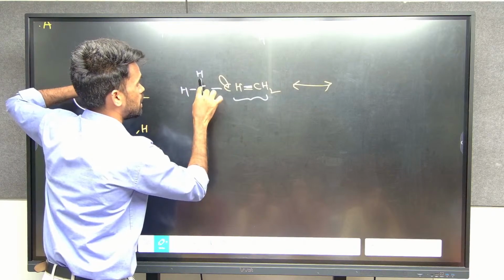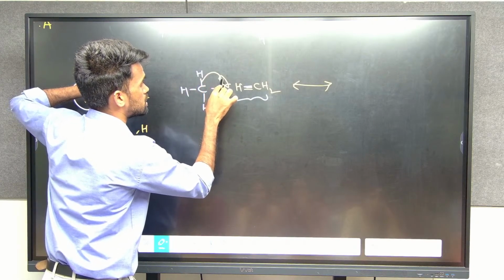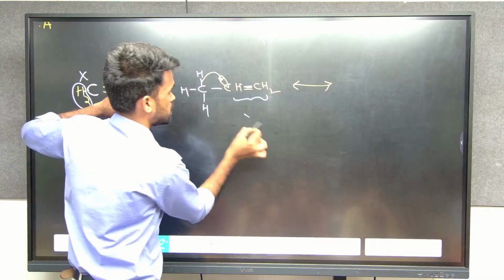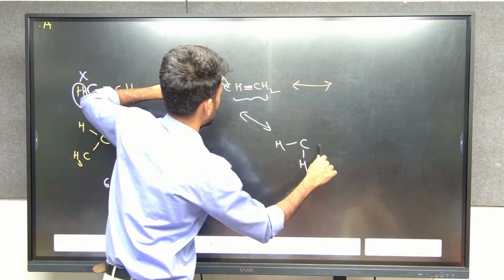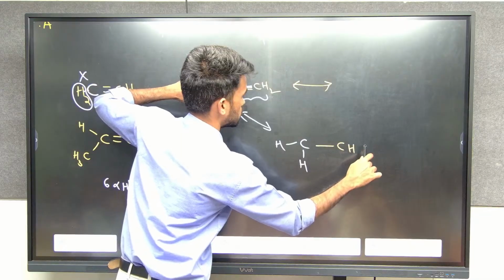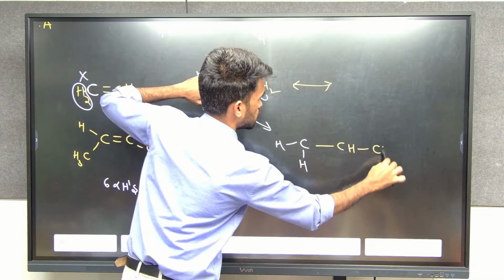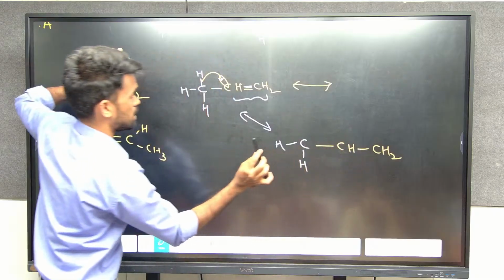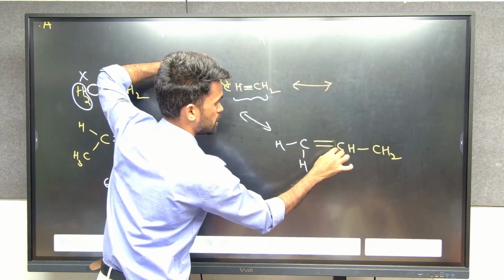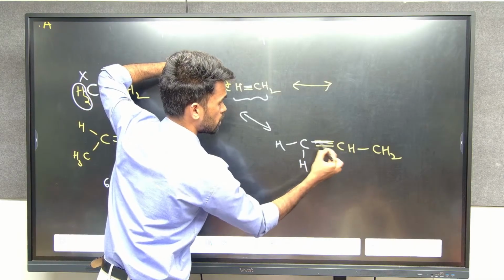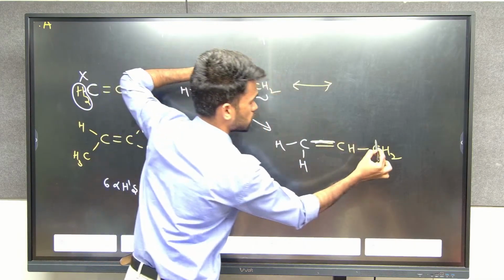To this pi star, the sigma bonding orbital electrons are shifting like this. Now what happens, tell me? C, H, H, see what is happening? This bond is shifting here. It means there is a new bond formation between these two. This is the new bond, and this sigma bond shifts over here.